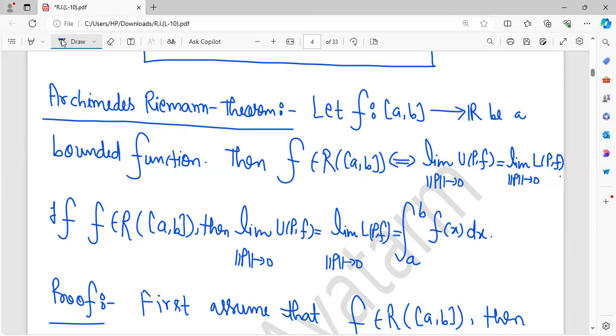Both the limits are equal, and they are equal to the Riemann integral of this. So this is the result actually.